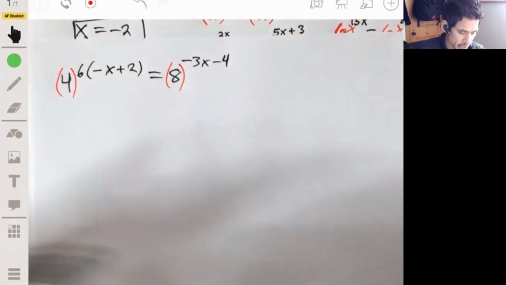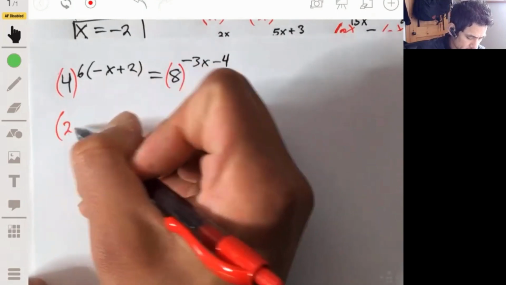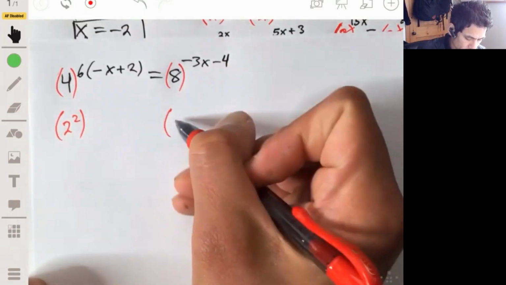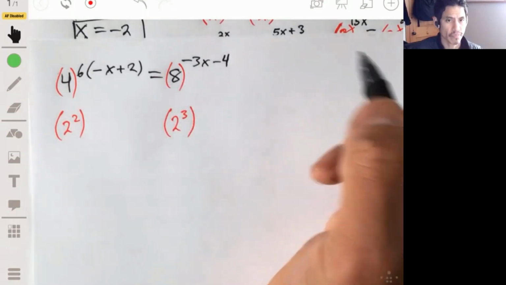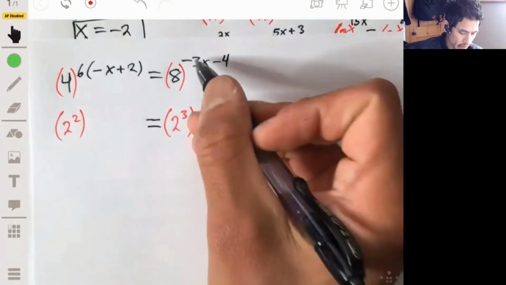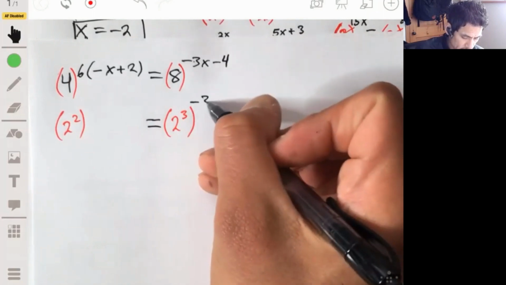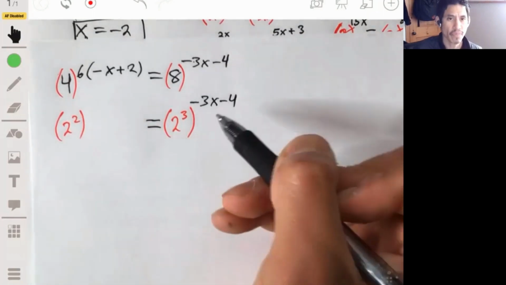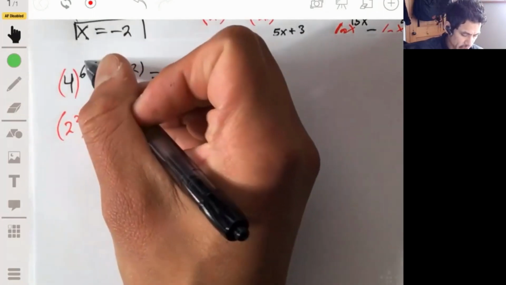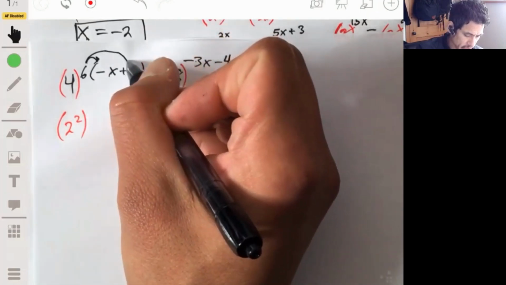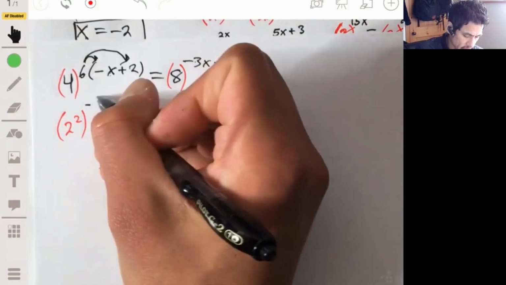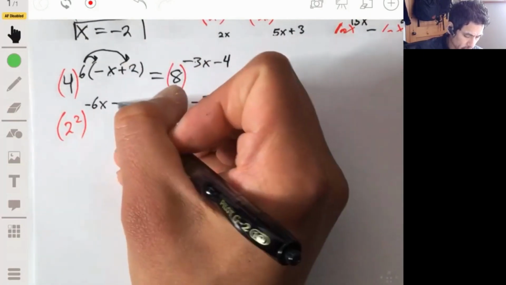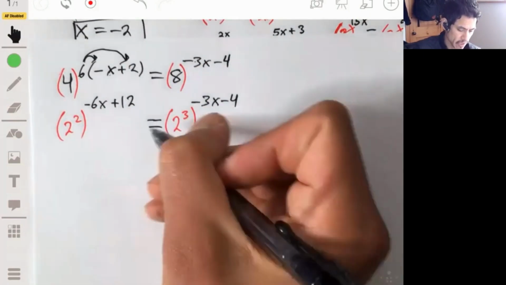We're going to rewrite those bases as 2 to the 2 and 2 to the 3. On the right side, we keep the exponents the same. But on the left side, let's make sure we distribute this 6 to the negative x and 2. So we're going to get negative 6x plus 12 as our exponents there.